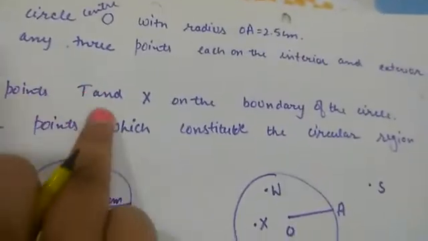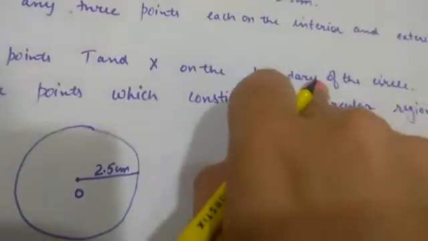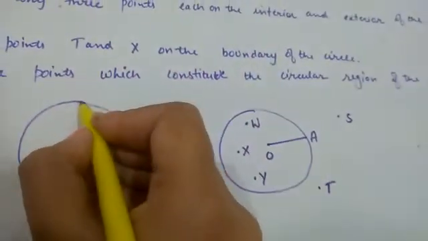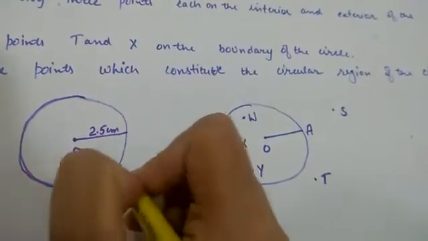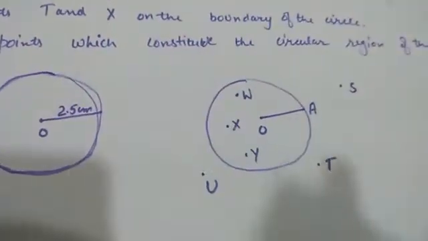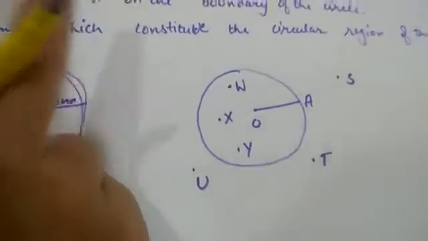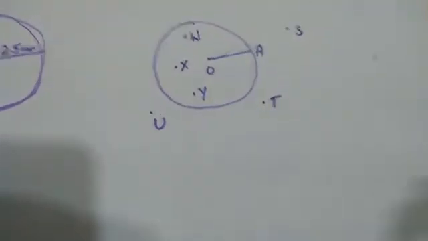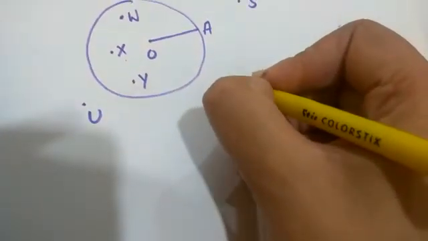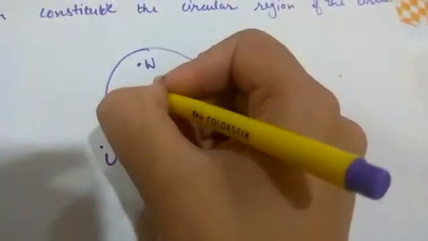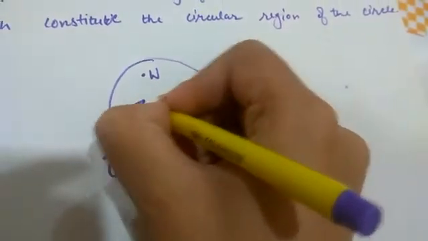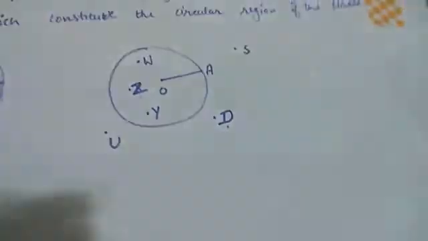Draw points X, T on the boundary of the circle. Boundary of the circle, this portion. This is the boundary of the circle. Means here you have to plot 2 points and the names of these points are T and X. Now see, this T and X I have named firstly also, so that means here you can change this T to D and X to Z, because we have to give the names on the boundary of the circle.